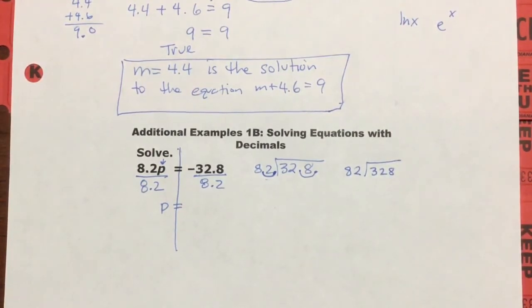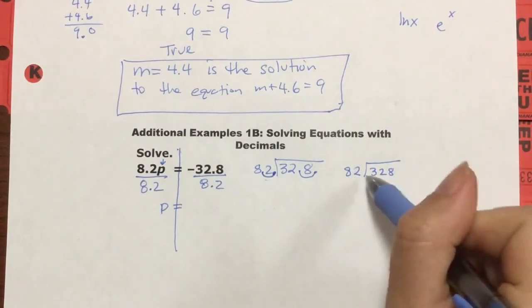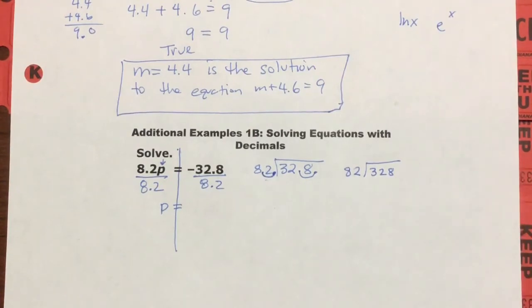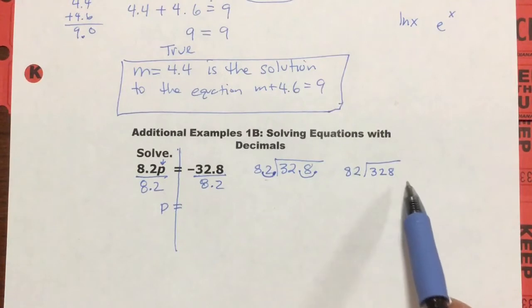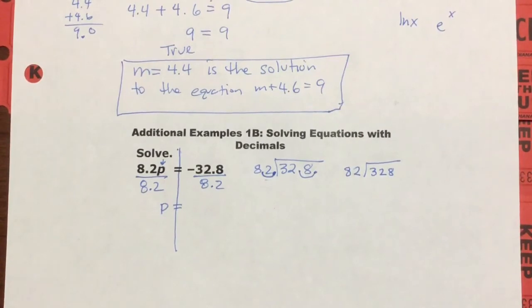All right, let's go for it. Does 82 go into 3? No. Does 82 go into 32? No. Does 82 go into 328? Yeah, how many times? Okay, let's think about it. I'm going to estimate. I'm going to say 82 is like 80, and 328 is like 330. Well, how many times does 80 go into 330?